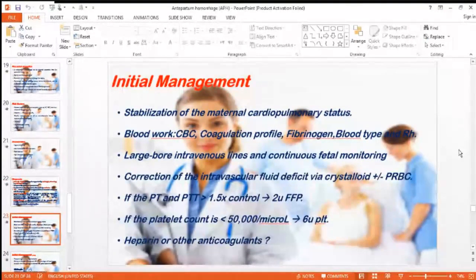Okay, how do we manage a patient with placental abruption? As we said, we always do not depend on the amount of bleeding revealed from the vagina, because not all the blood escapes.